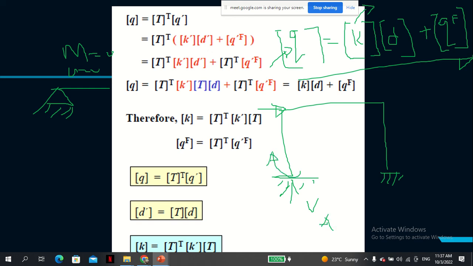So for a fixed end moment, you don't know the value, so you put them there, and hopefully you are able to solve with this matrix. But if for example there are loads at the nodes which are not support, then again you put that in this matrix. So depending on what is available and what is not available, you can isolate a certain part of that matrix and be able to solve quite easily.